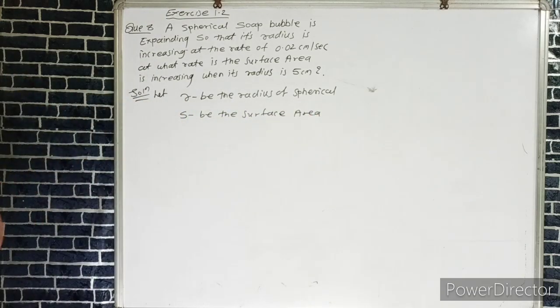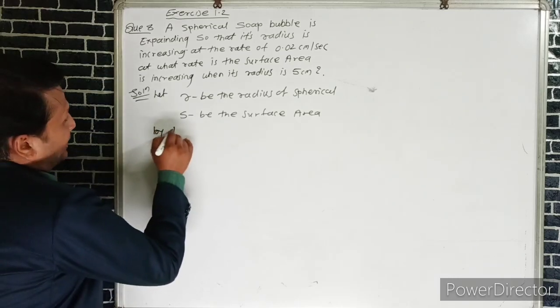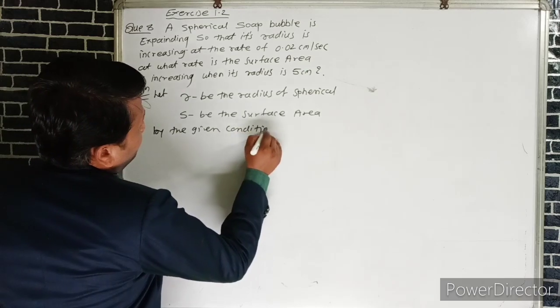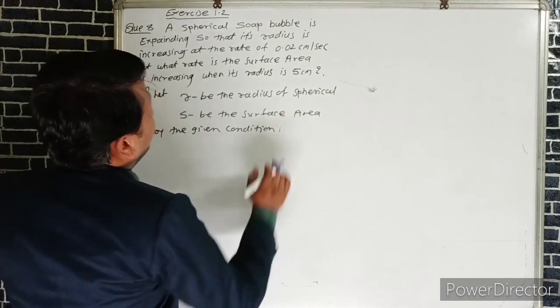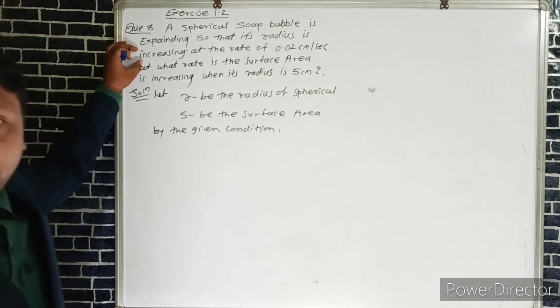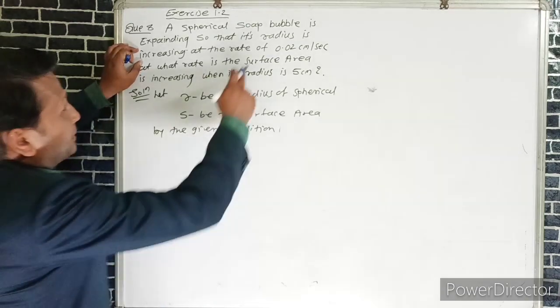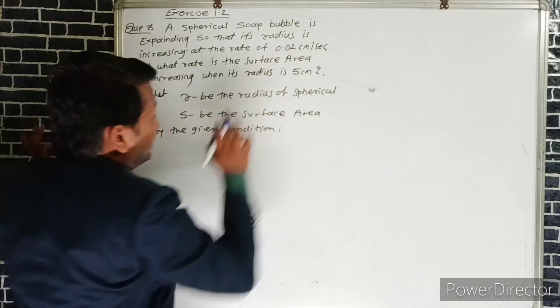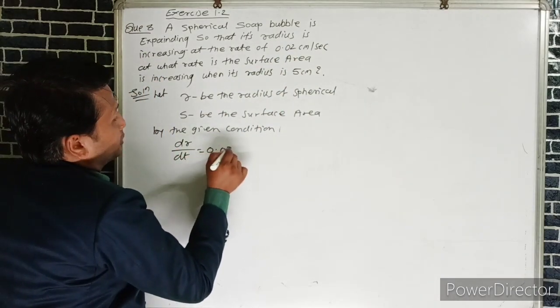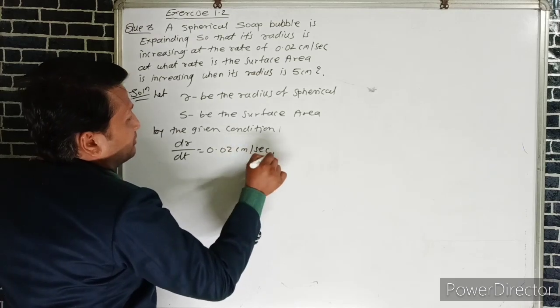By the given condition, the radius is increasing at the rate of, meaning the rate of change of radius with respect to time t, dr upon dt is equal to 0.02 centimeter per second.